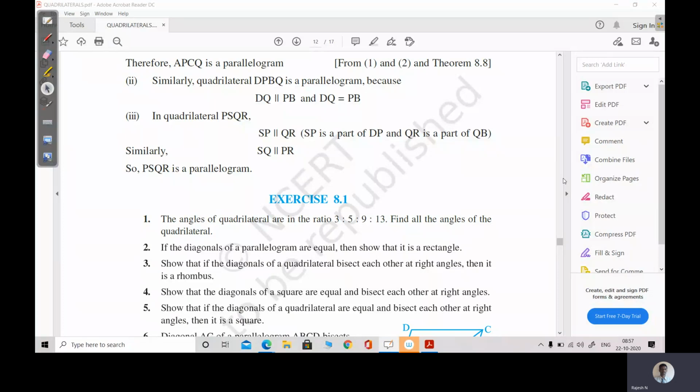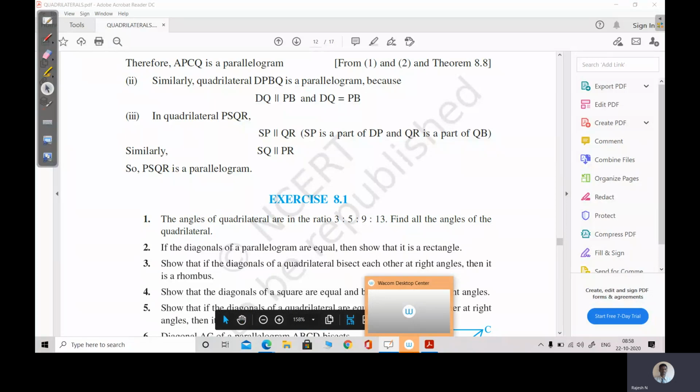And next question. Show that if the diagonals of a quadrilateral bisect each other at right angle, then it is a rhombus.